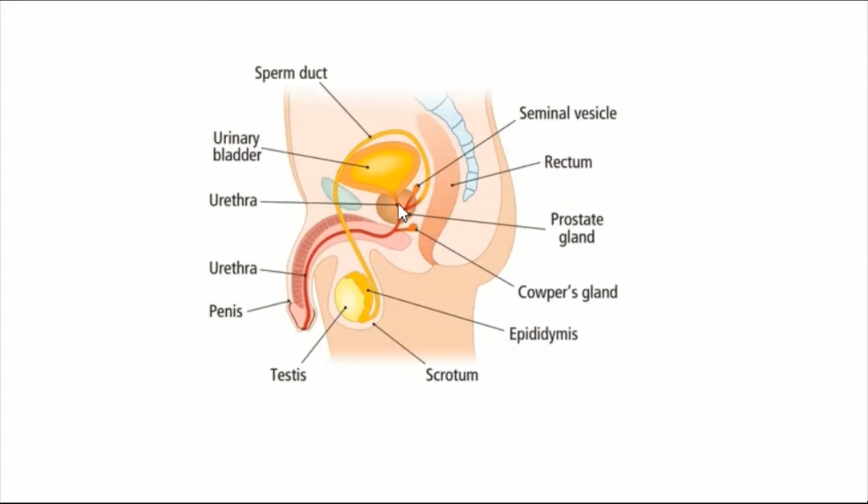So the function of the prostate gland is to produce this basic solution, which will then neutralize the acid within the female reproductive organ so that fertilization can occur successfully.